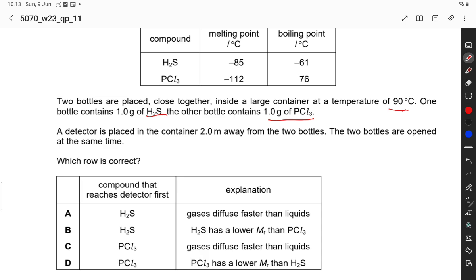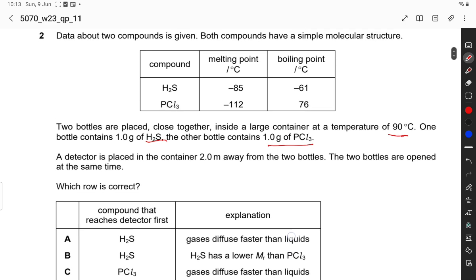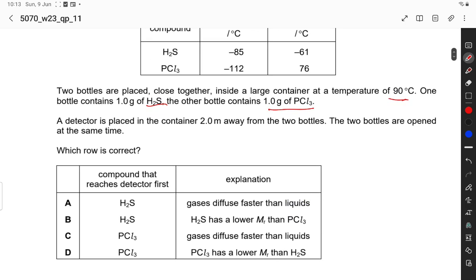Which row is correct? Compound that reaches the detector first. You know that the movement of simple molecules in the gaseous state depends on Mr and temperature, the two factors which affect the movement of the particles.